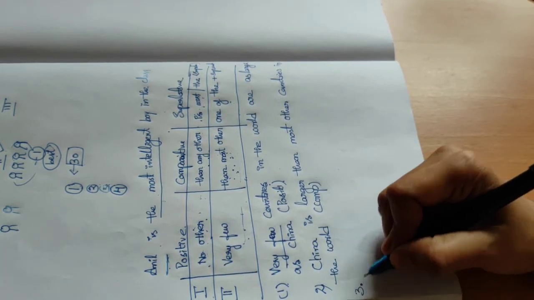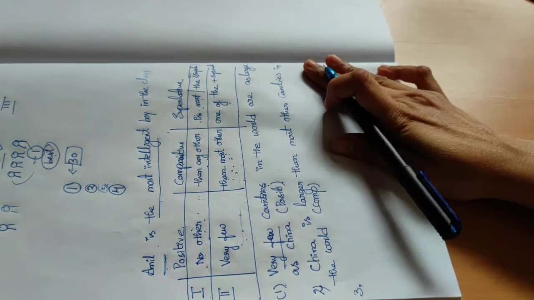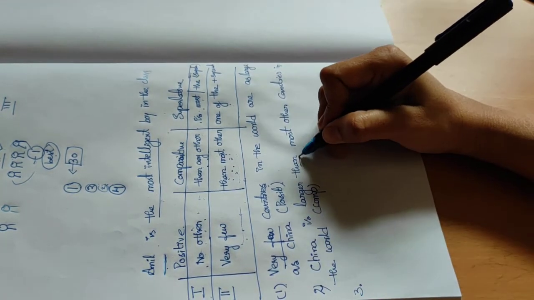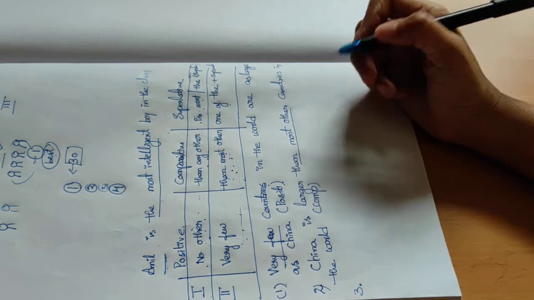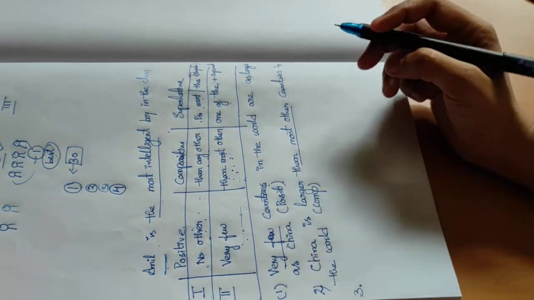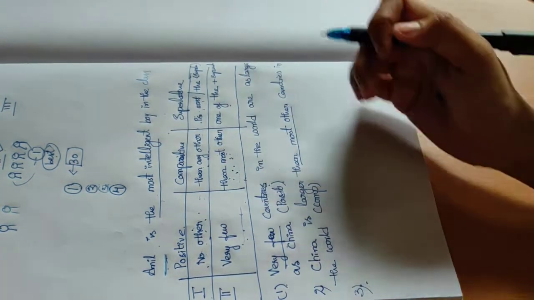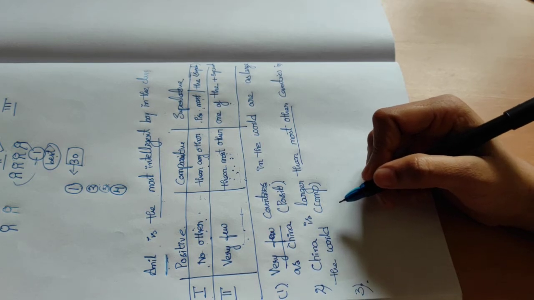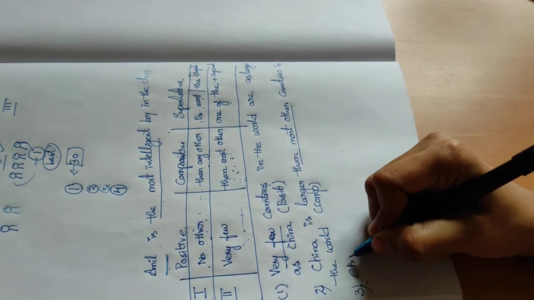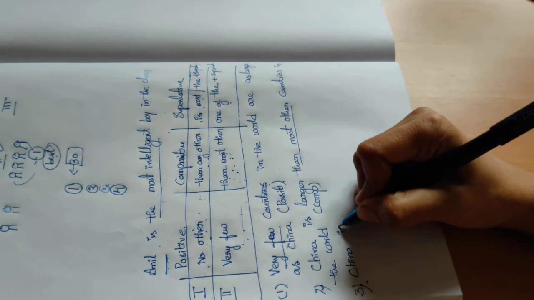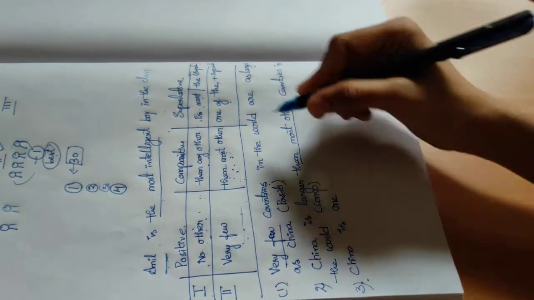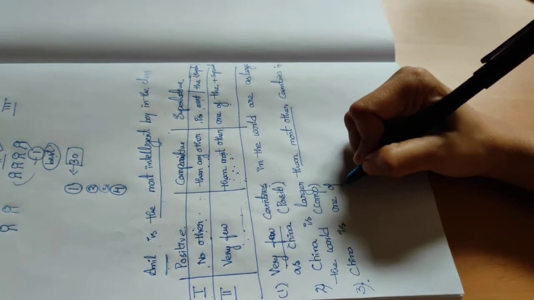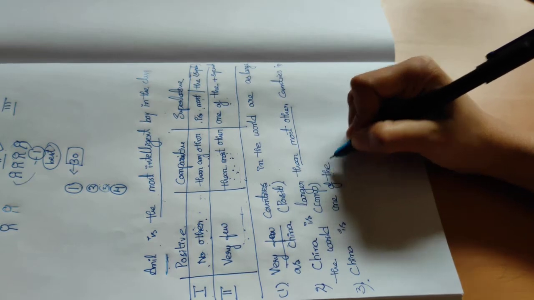Then what is the superlative form for this? Got it? Just a slight difference. Most other we have to take here, very few. Then the last, the superlative form. How do we start? China is one of the, so here I told you one of the.